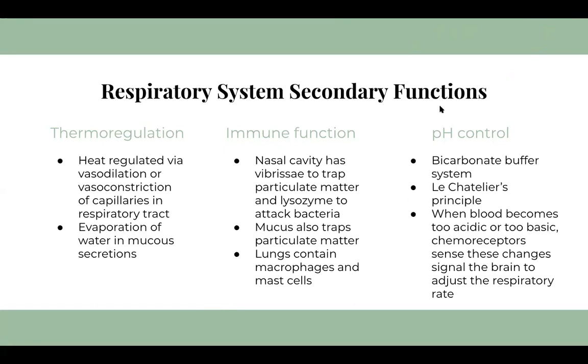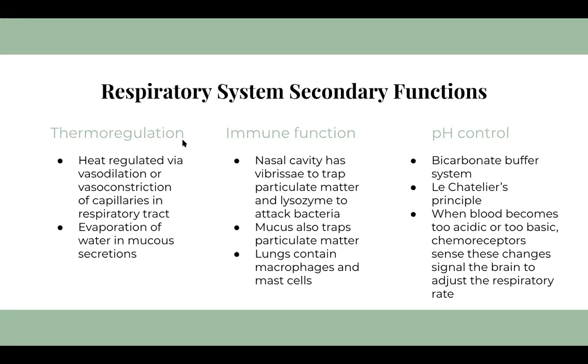Lastly, pH control is another function of the respiratory system, and a lot of these functions are really intertwined with the circulatory system. Thermal regulation and pH control are examples. The bicarbonate buffer system refers to how CO2 exists in our blood.